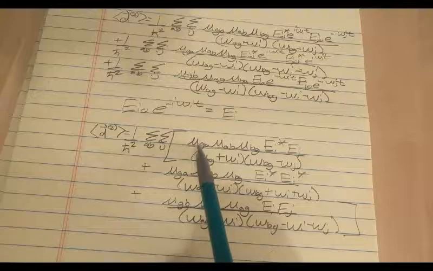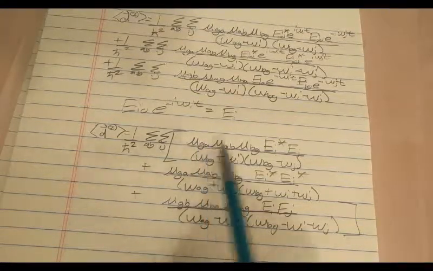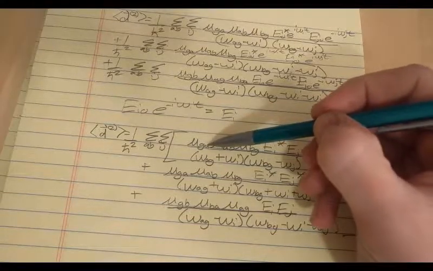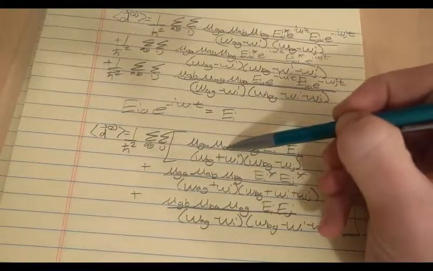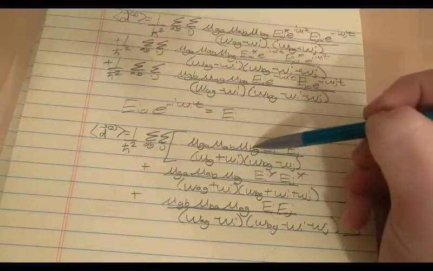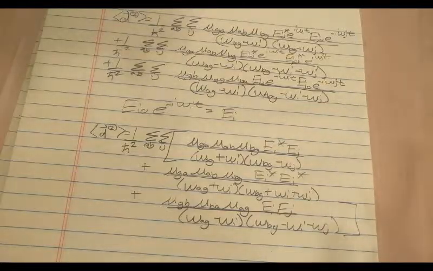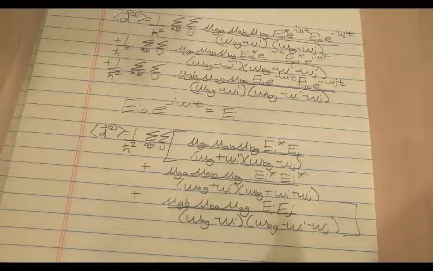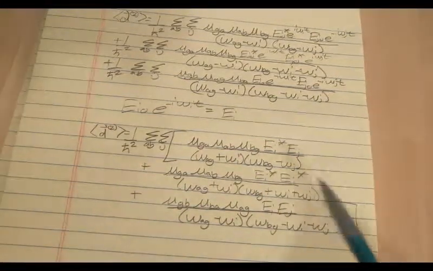And I tried to rearrange the transition dipole moments to notice that this index ends in A, but the beginning index here is A. This index is B, the beginning index here is B. So this gives us a link between all this math that we're writing and the physics of the situation.